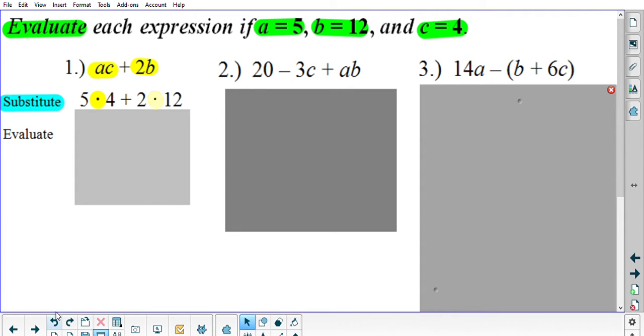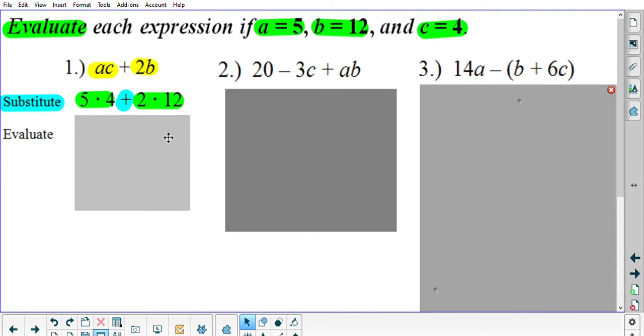Now, from here, we have to follow order of operations. Are there any parentheses on problem number one? No. Are there any exponents? No. Is there any multiplication or division? Yes, there is. Here we have multiplication, and here we have multiplication. Since there is addition in between, we can go ahead and do both multiplication sections at the same time.